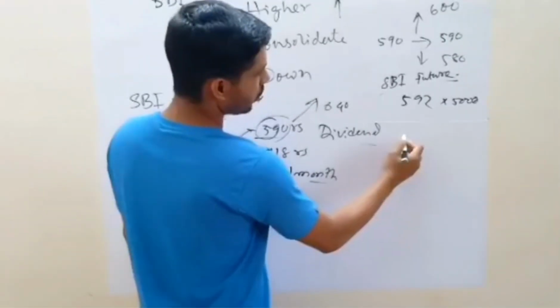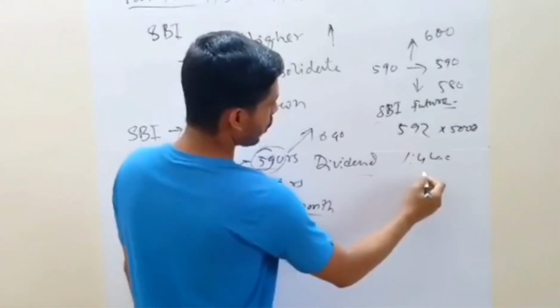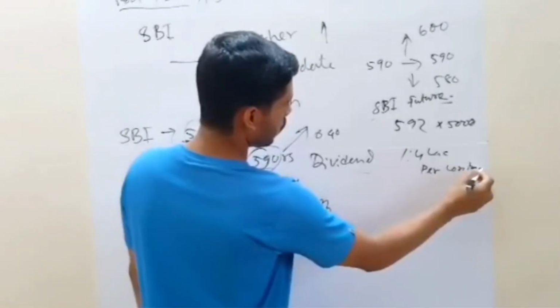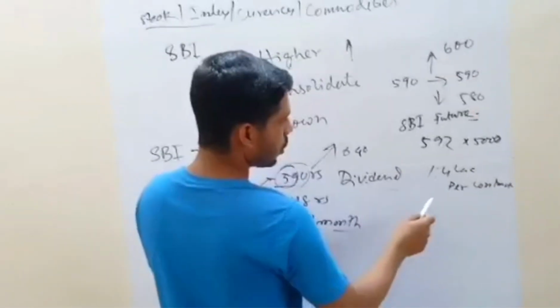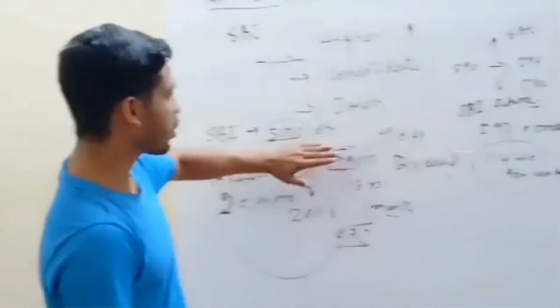For example, it will take around 1.4 lakh per contract. But he might not have that much capital currently.